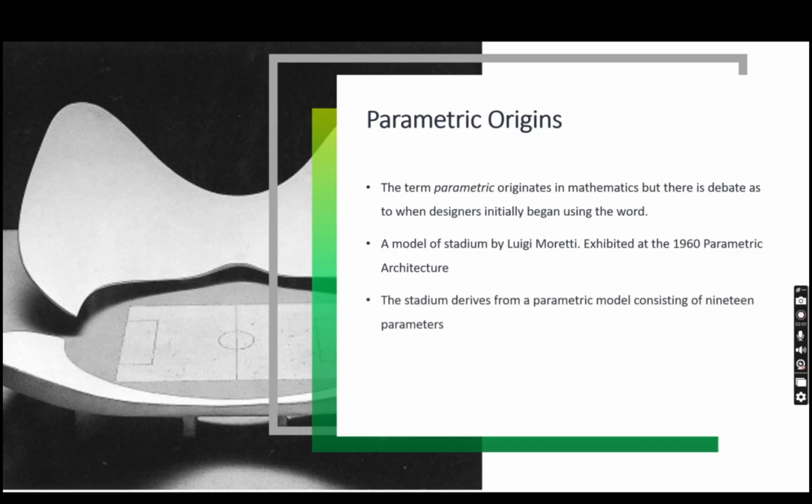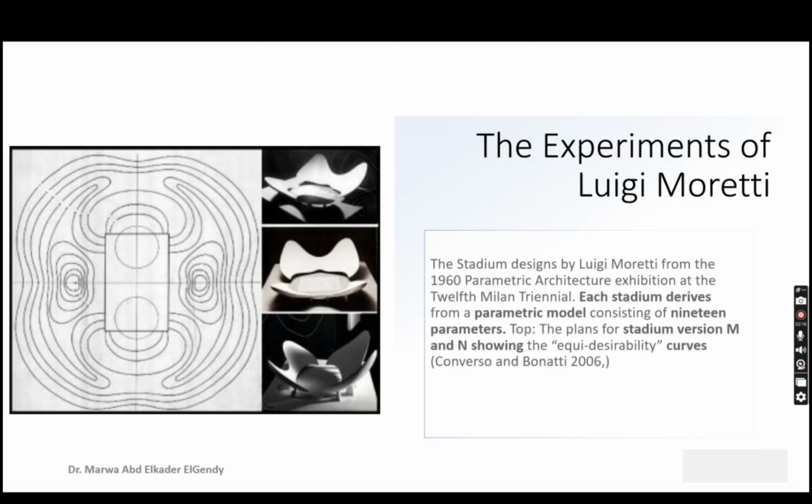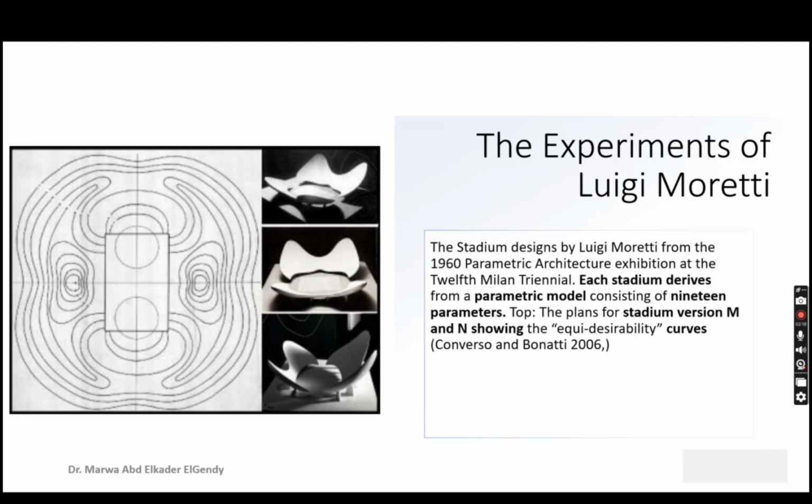He invented and created the stadium of Luigi Moretti using parametric design consisting of 19 parameters. As we see in this example, Luigi Moretti used the same way using a mathematical model, but it's a physical model, a real model, not a computational model.